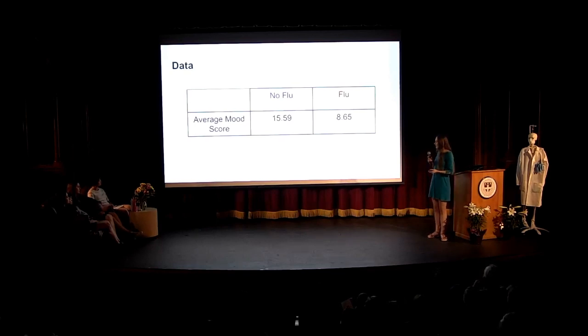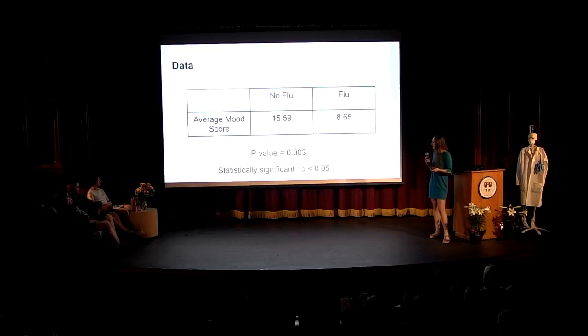Well, to calculate this, I need to find a p-value. This tells me the probability that the difference in my data was due to random chance. In order for the data to be statistically significant, the p-value has to be less than 0.05. My p-value was 0.003, meaning there was a very low probability that the difference in my data was due to chance.